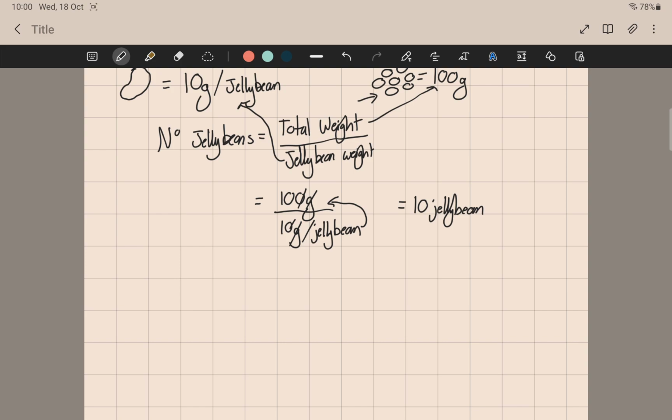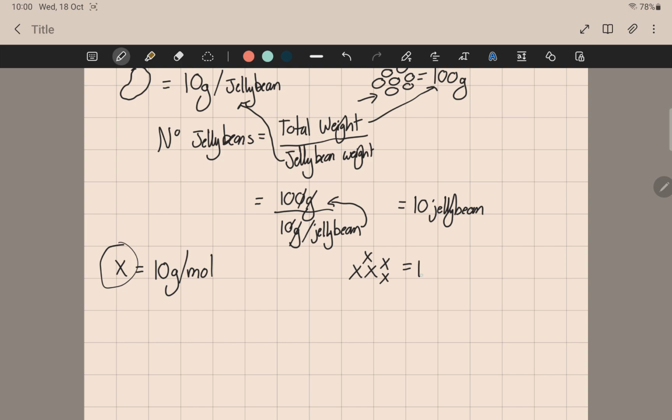So let's just say that we have a substance X, all right? And its molecular weight is 10 grams per mole, right? Now, hopefully you're seeing similarities to our jelly bean example. So each mole of X equals 10 grams, all right? Now, let's say we have a pile of chemical X, all right?